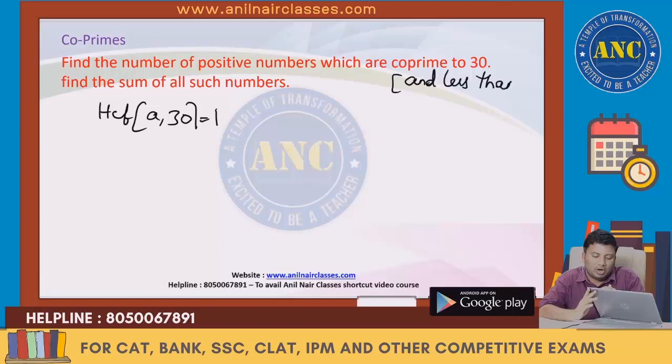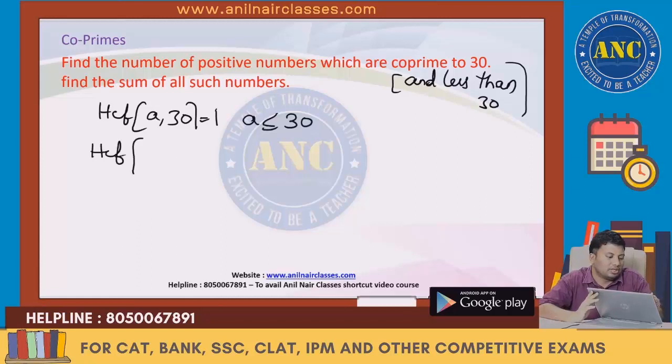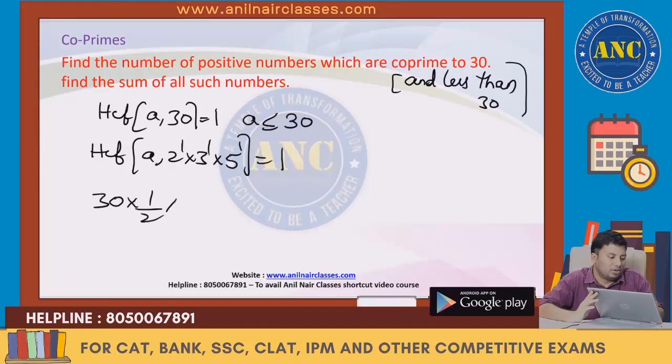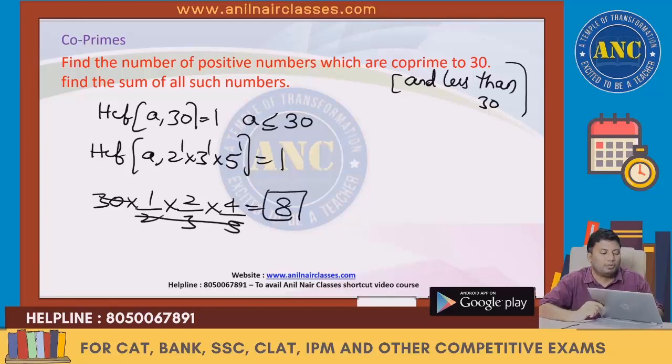There can be a lot of numbers greater than 30 and co-prime, the set might lead up to infinity. So HCF of a comma 30 equivalent to 1, a less than or equivalent to 30. 30 is 2 into 3 into 5, so 30 into 1 by 2 into 2 by 3 into 4 by 5. Totally there are 8 numbers which are co-prime to 30.